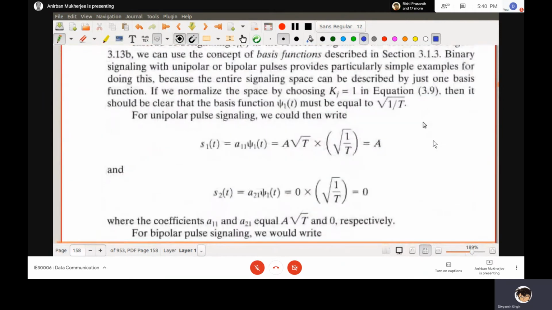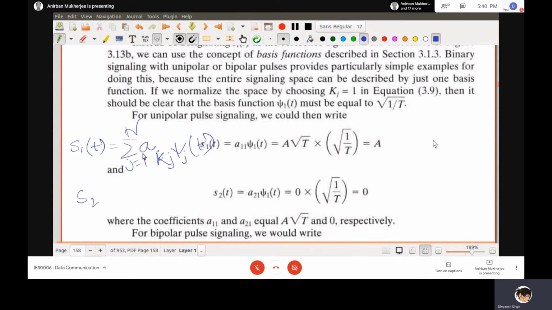And then sometimes, instead of S1(t) and S2(t), we break S1 and S2 into basis functions. We have studied that S1(t) can be broken as a summation of aj psi j(t), with j equal to 1 to n.